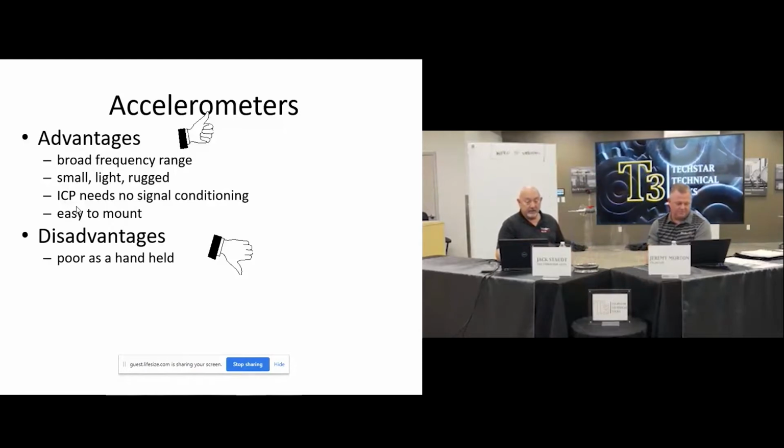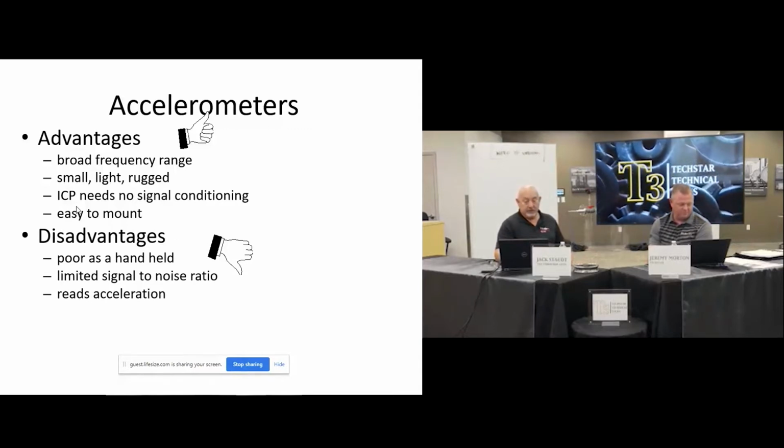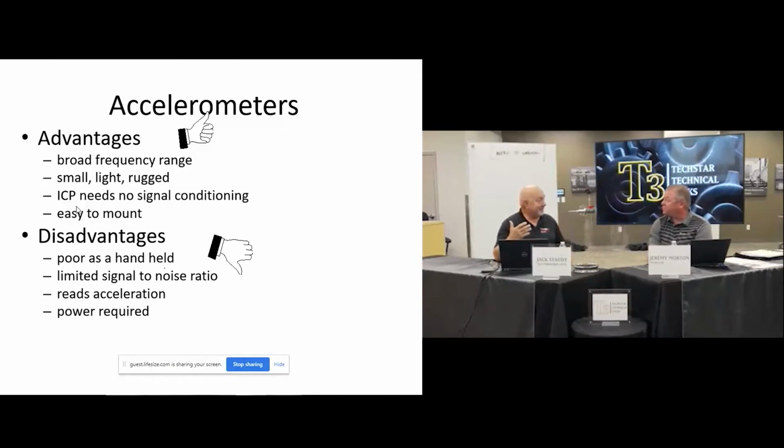Disadvantages, we say for a handheld, that's just kind of my preference on it. Limited signal to noise ratio, reads acceleration, so everything has to be converted, or inches per second sometimes you'll see. Yeah, that's right.